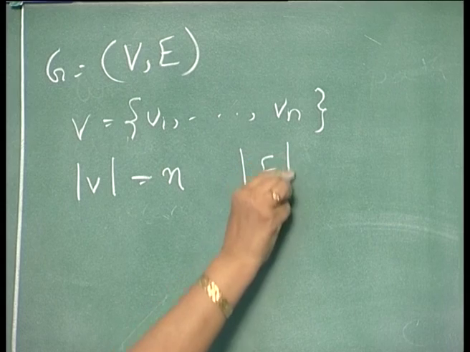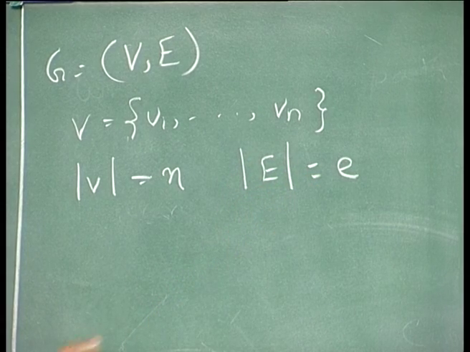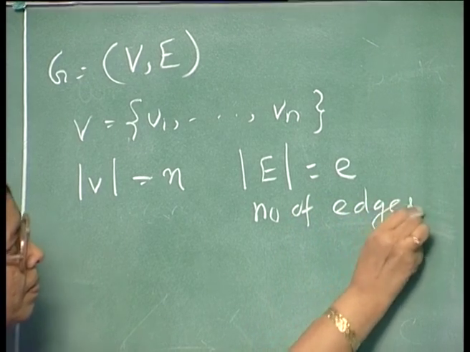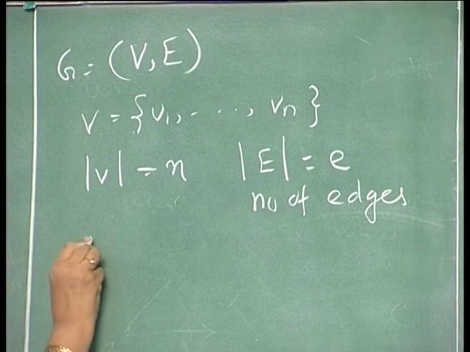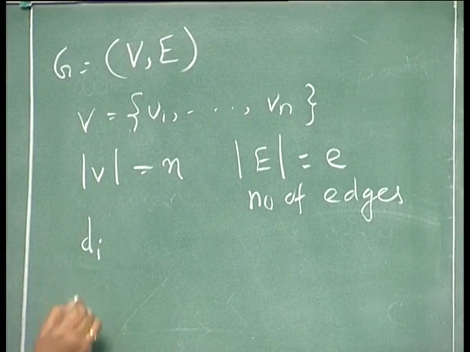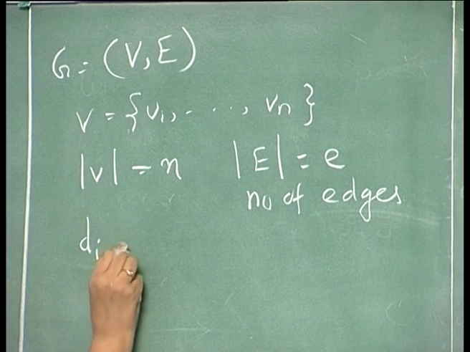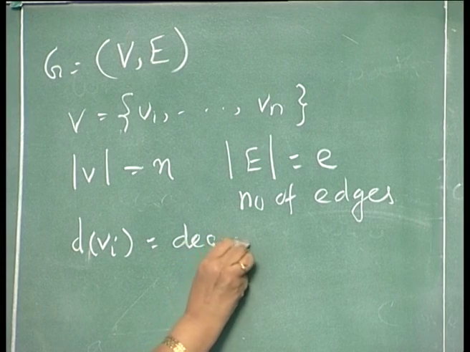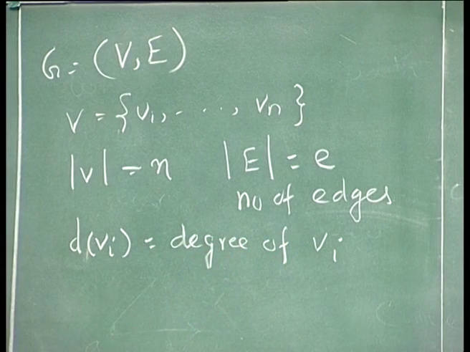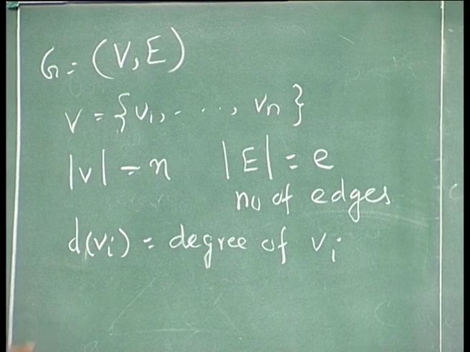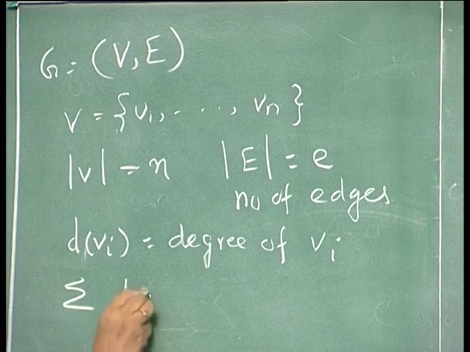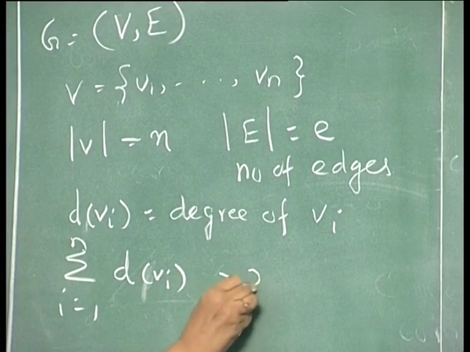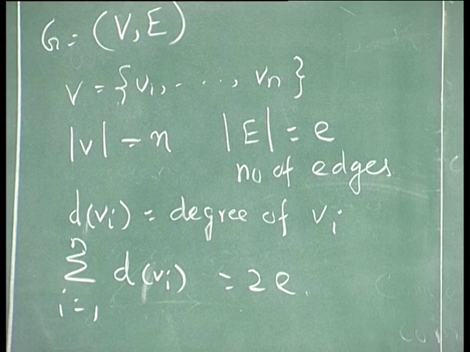Let the number of edges be E. Then d(Vi) is the degree of vertex Vi. Then you will realize that the sum of d(Vi), i equal to 1 to n, is 2E, twice the number of edges.